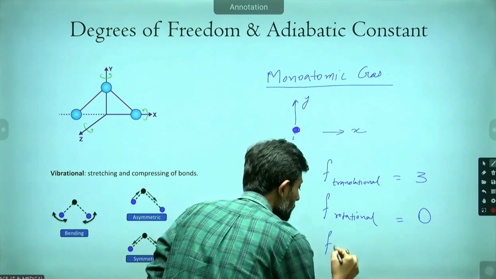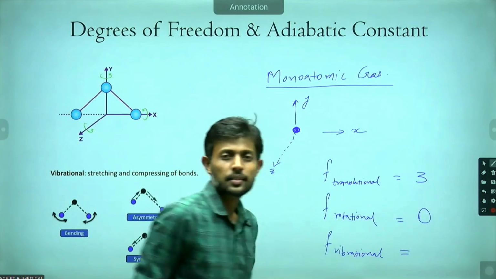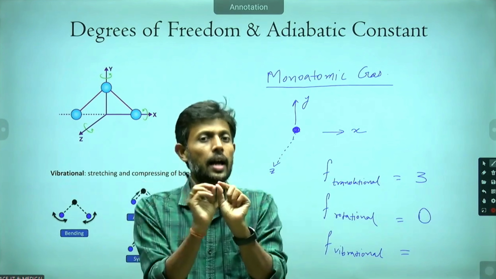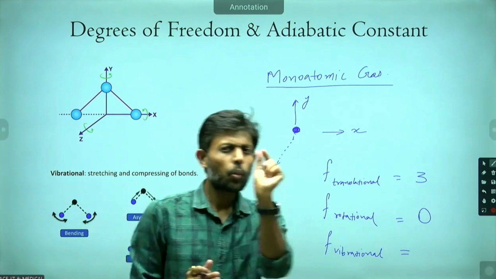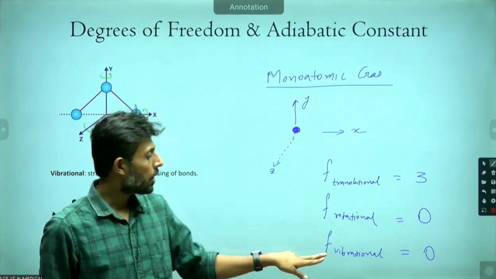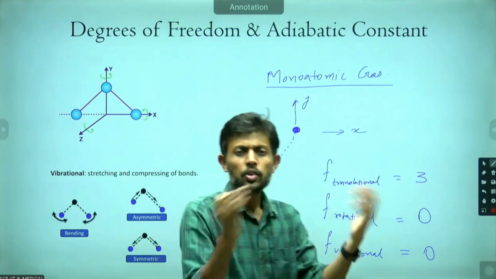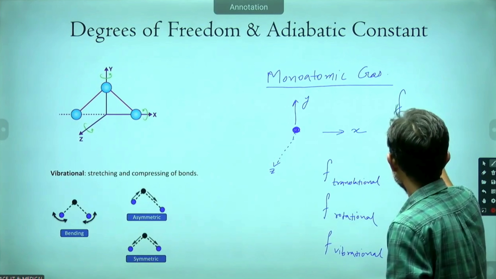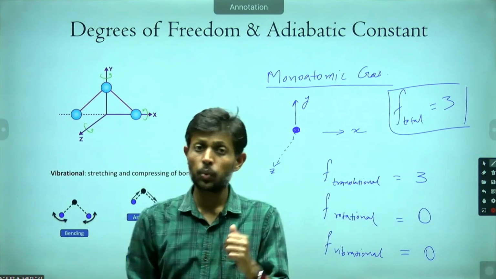Vibrational degrees of freedom for this is again considered 0, because vibrational degrees of freedom only come into the picture when there is a stretching or contraction or change in length of the bonds, or there is an angle change between the bonds. One atom, no bonds at all, we cannot talk about vibrational modes. So vibrational modes 0, rotational modes 0, translational modes 3. So overall, for a monoatomic gas, the number of degrees of freedom is just 3. That means there are 3 different ways in which this atom can move.